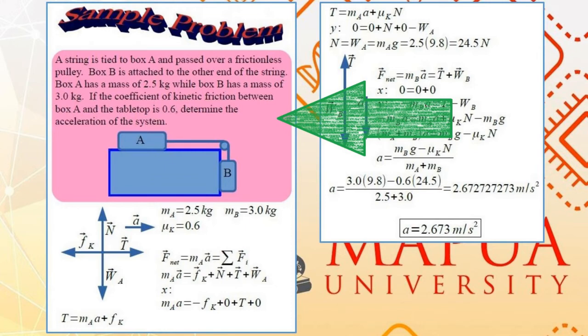If the coefficient of kinetic friction between box A and the tabletop is 0.6, determine the acceleration of the system. As you can see, this problem is similar to the previous problem, except that this time the mass of box B is given, and instead of equilibrium, the system is accelerating. The problem is asking for the value of that acceleration.